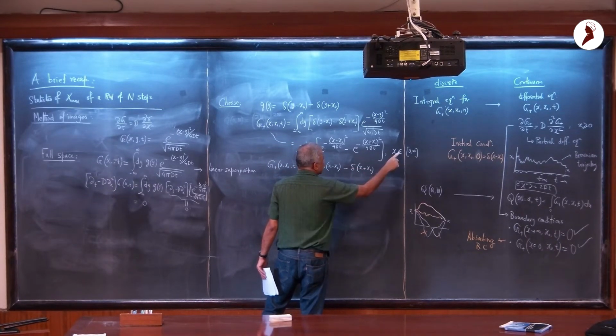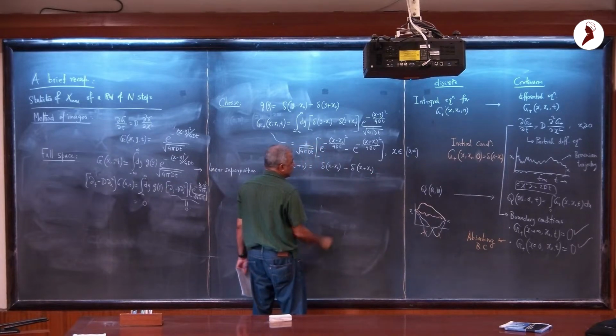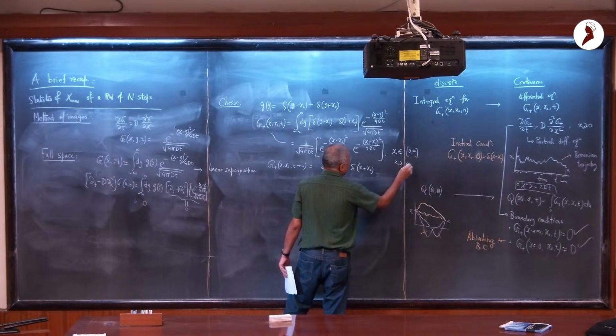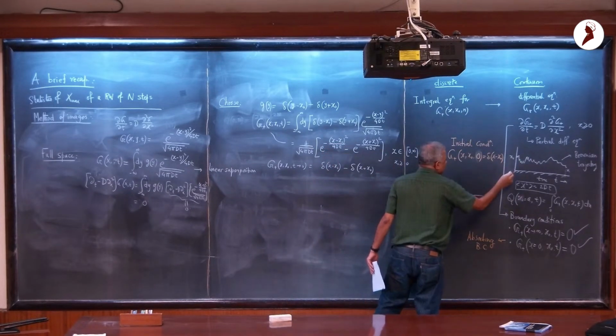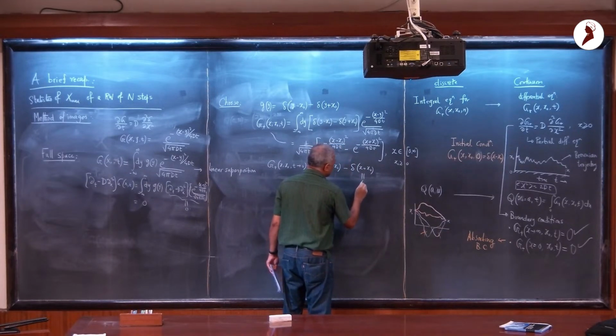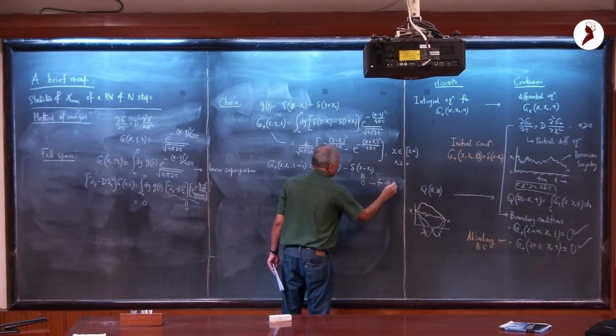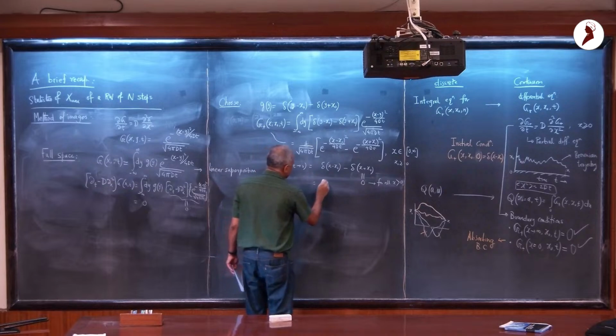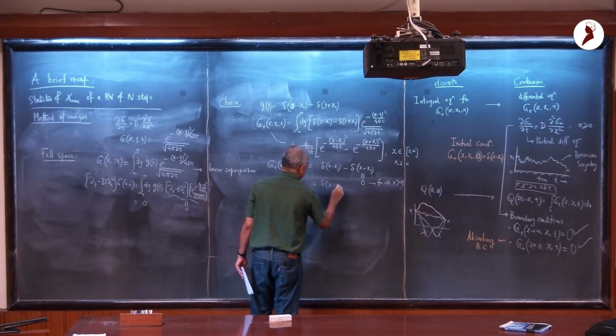But since I'm restricting my x to be between 0 to infinity, since x naught is positive, I started from x naught positive, right? This is the origin. So this is never going to be satisfied, equal to 0 for all x positive. So therefore, this is just delta of x minus x naught.